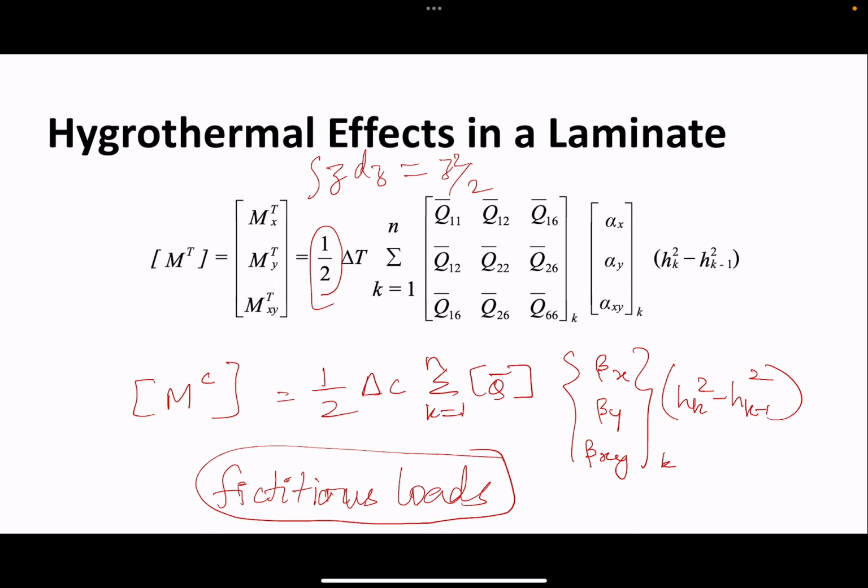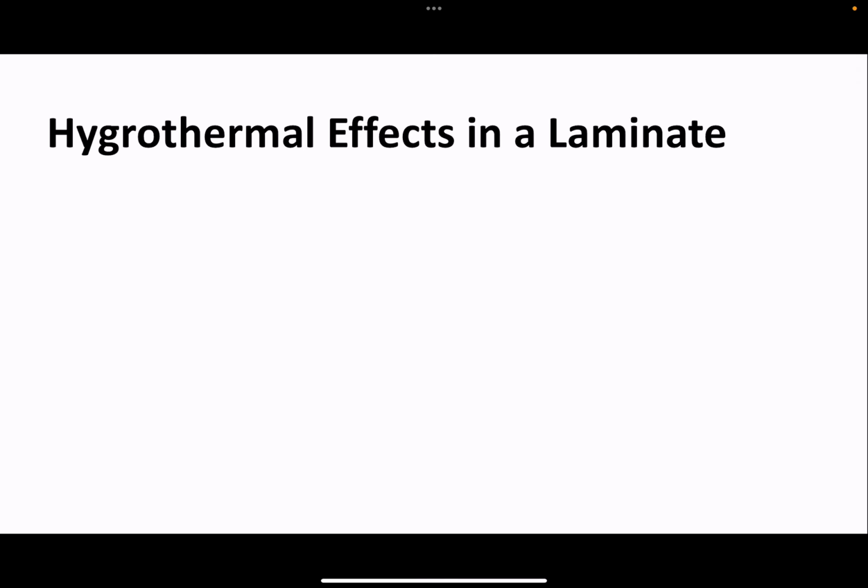So that is what you use. So if you have a combination of mechanical loads and hygrothermal loads, then you calculate the NTs, MTs, NCs, MCs, and then combine all of this to calculate your strains. And then from the strains you get stresses.